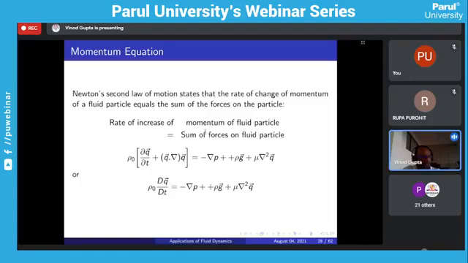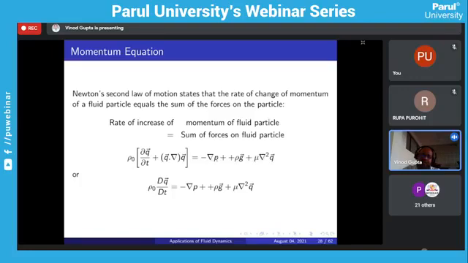If the fluid is confined between two horizontal layers, right? Then there will be the pressure term and the gravitational force. Pressure is a surface force, and there is the viscous force, where mu corresponds to viscosity.